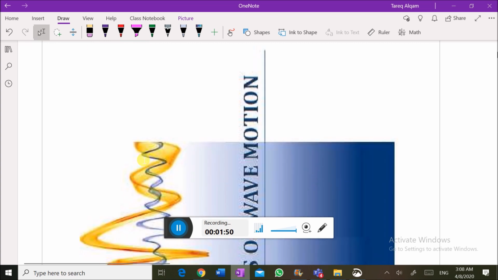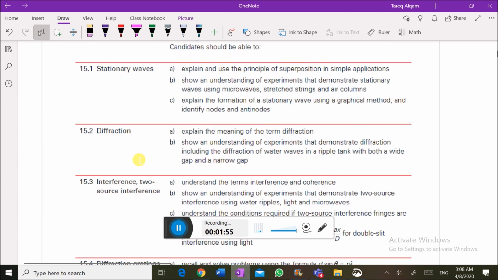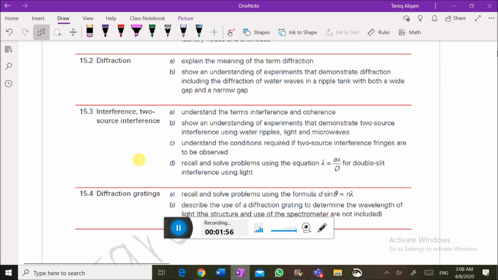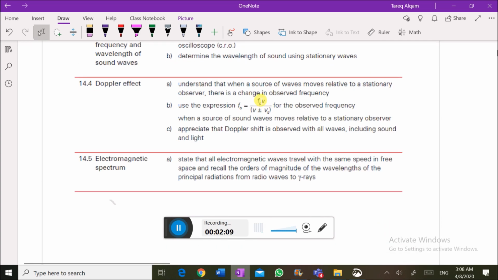The second part, which is about the behavior of the waves, we will consider the diffraction, interference, and the diffraction grating. The last part talks about stationary waves.